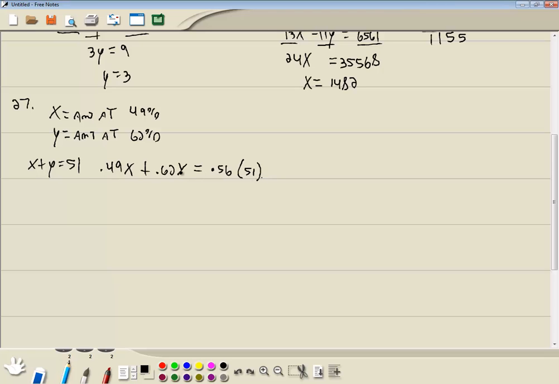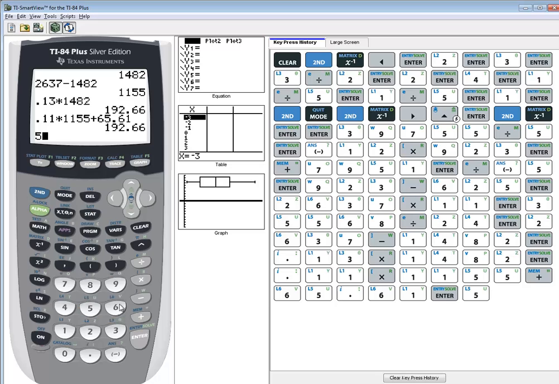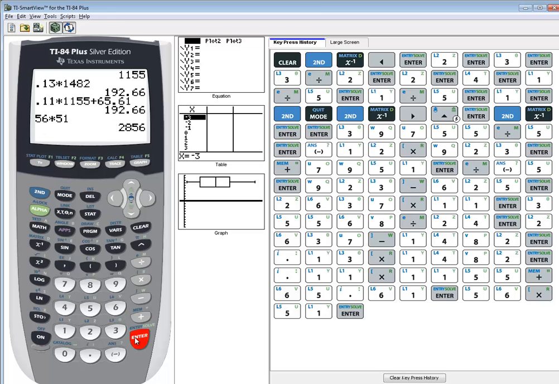So see how it went across the board like that? Okay, well, I'll get rid of the decimals. I got 49x plus 62y equals 56 times 51. So I'm going to have 49x plus 62y equals 56 times 51, 2856.